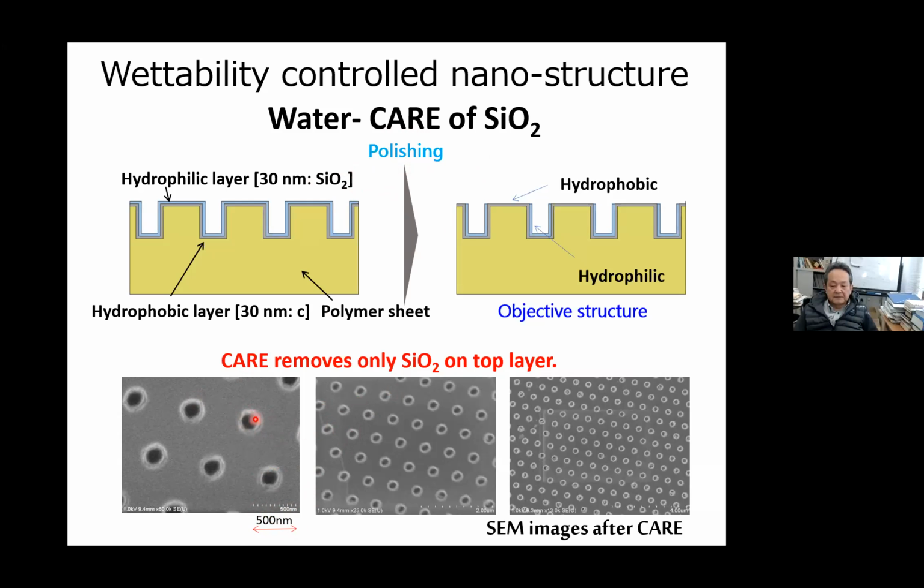So if the particles go inside, we cannot remove them by any kind of cleaning method. The CARE process does not use powder particles, so the CARE process looks very appropriate to be applied to this kind of surface preparation.